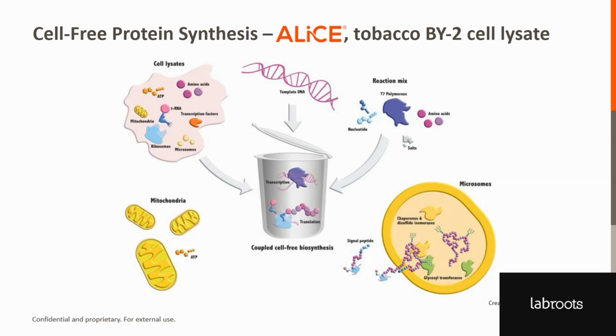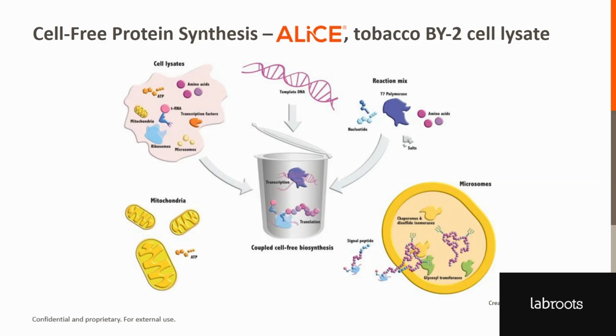These are native organelle-derived vesicle compartments coming primarily from the endoplasmic reticulum and Golgi organelles. And it is these microsomes that really give ALiCE a unique selling point in that you can produce complex proteins, those proteins that require disulfide bonding and N-glycosylation. That is really the benefit of using a eukaryotic system like ALiCE in place of something like E. coli, which is prevalent in the literature.